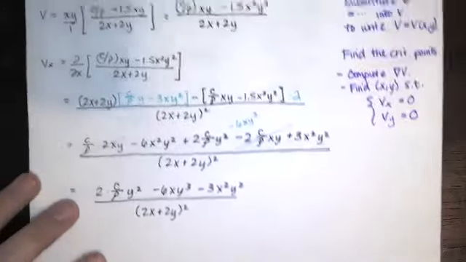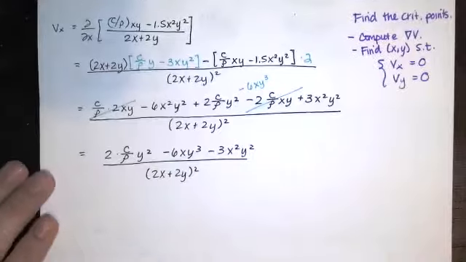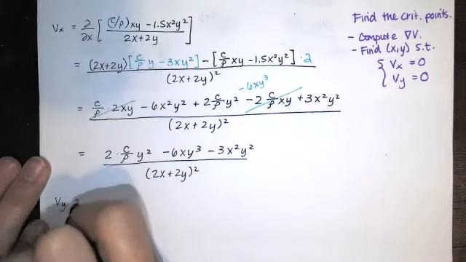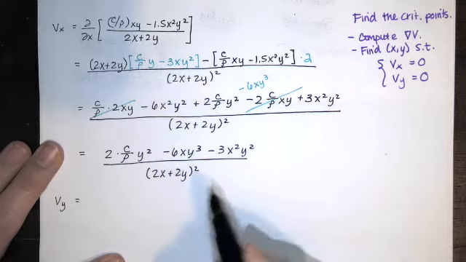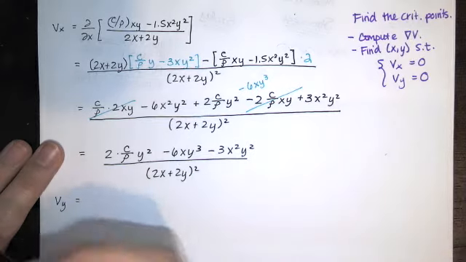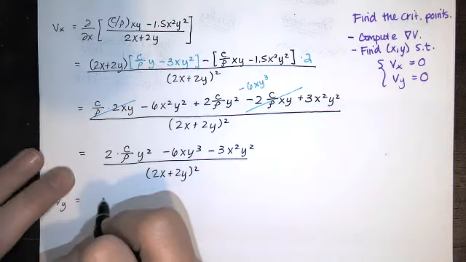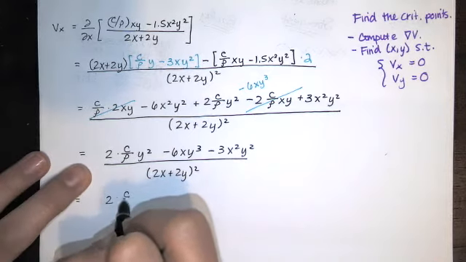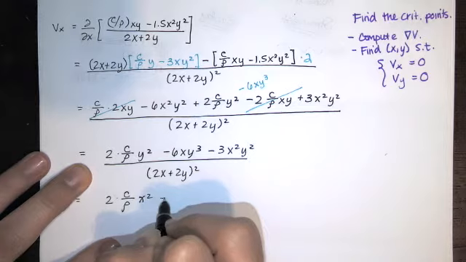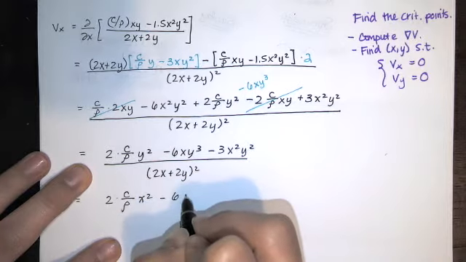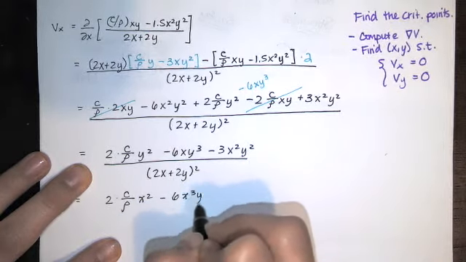All right, now because I can switch x and y here and I get the same expression, the partial of V with respect to y is going to be very similar. Everywhere I see an x, I should write a y, and everywhere I see a y, I should write an x. That's what we would get if we differentiated with respect to y instead of x. So we have 2 times c over rho times x squared this time, minus 6x cubed times y.